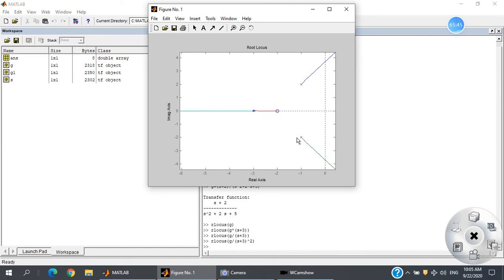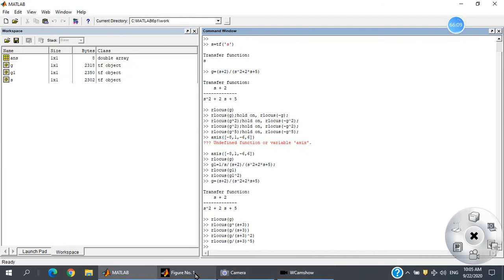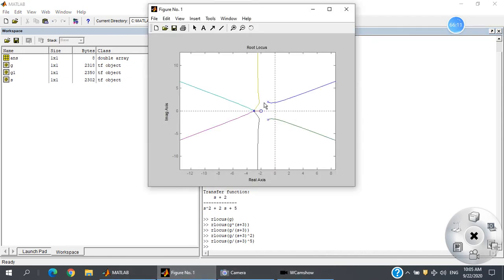So totally I have 4 poles, 2 here and 1 here, 1 here, and 1 zero. So 1 zero cancels, and the other 3 go to infinity. If I add more, I get 7 poles and 1 zero. You see, we have more curves going to infinity.